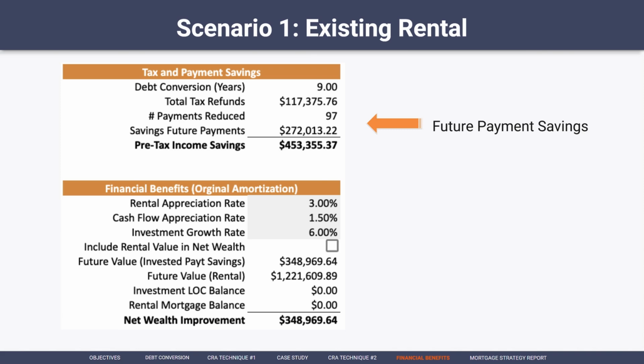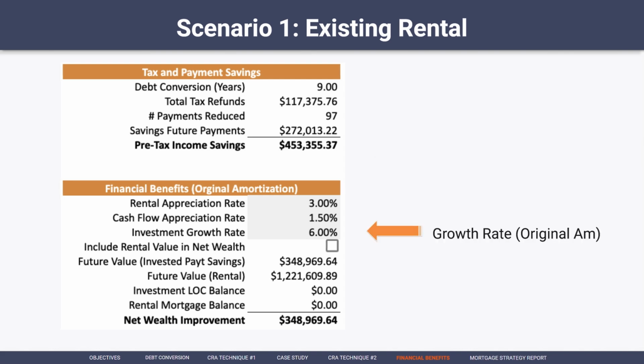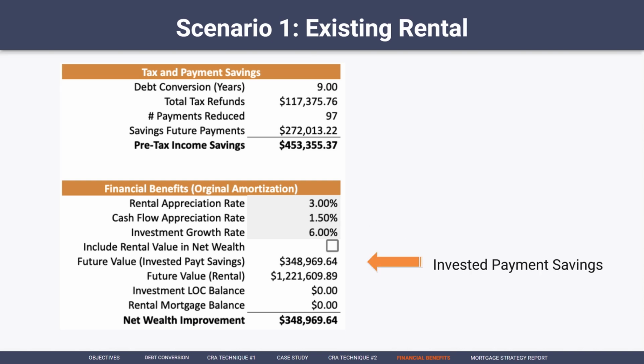And in order to provide an apples-to-apples comparison, we assume they continue making payments and reinvest those 97 payments to the end of their original amortization, so they can earn a rate of return on the future savings. The calculator allows us to play with different growth rate assumptions, and for this scenario we're using 6%, which results in a future value of the invested payment savings of $348,969.